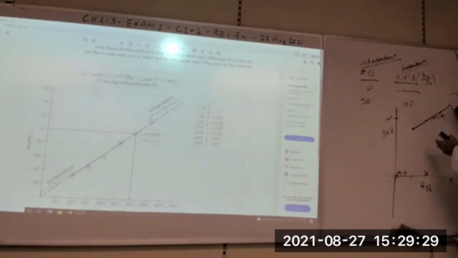And you can use this line to find out values that weren't actually measured. So we measured this one and this one and this one, but suppose we want to know what we would expect the yield to be if I put this much nitrogen on it? It'd be right in here or here. We didn't measure it, but from this best fit line, we can interpolate. Inside your measured units is called interpolation. Outside your measured units is extrapolation.